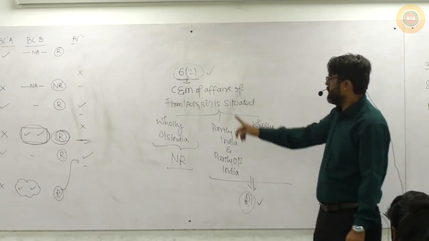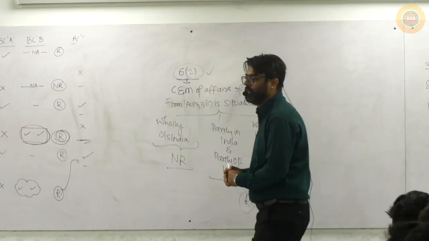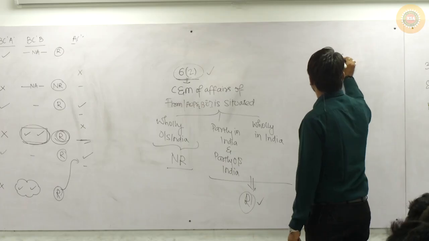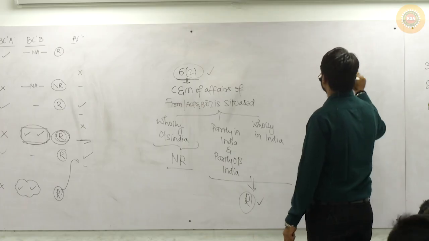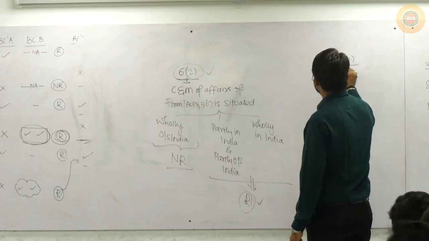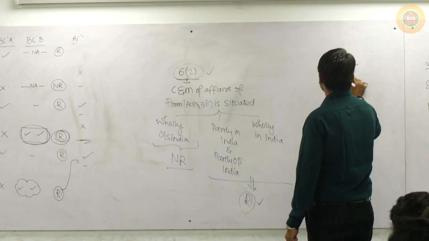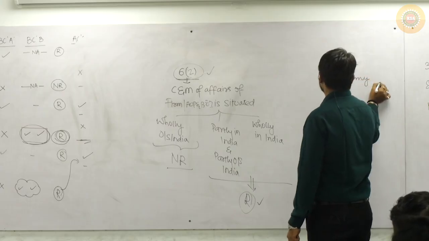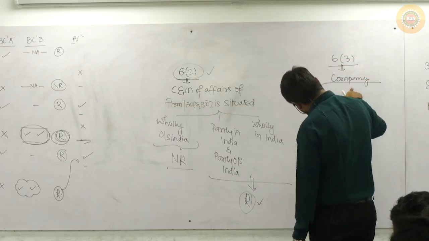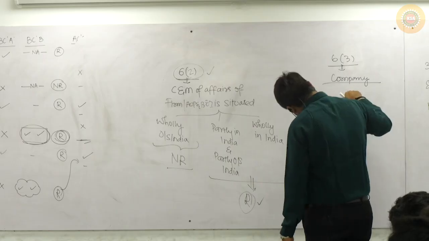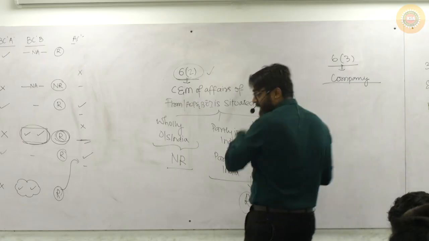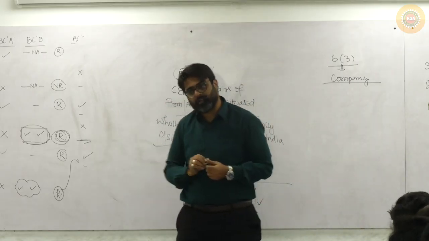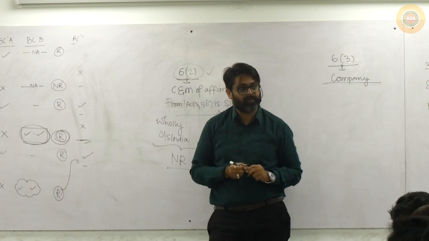Understood? Now, after 6(2), 6(3) is there, which talks about the residential status of companies. But after company, do you remember every other person was also there? 6(4).